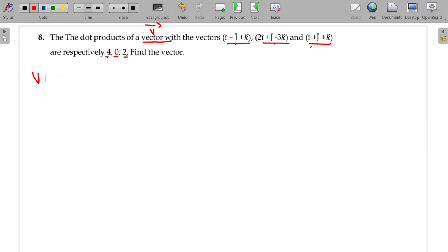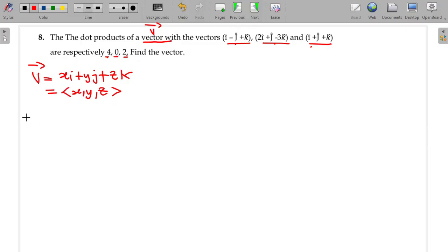So I'm just going to say let V be an arbitrary vector, let's say xi plus yj plus zk. So we can also write this as x, y, and then z. So now this vector here, when I do a dot product with the vector V, I'm getting 4.